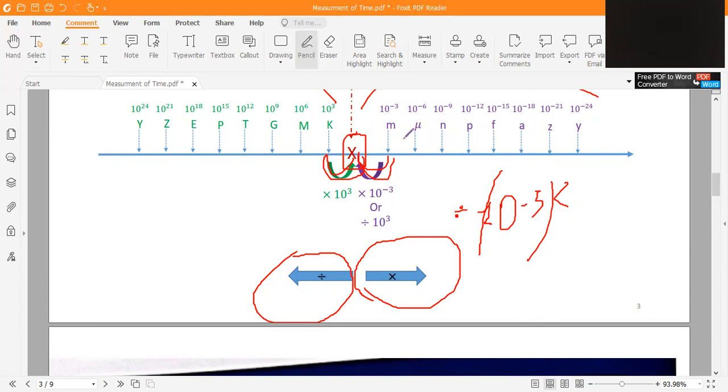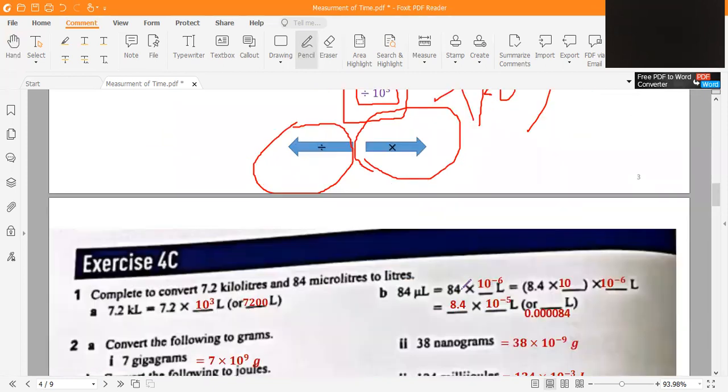So from milli to kilo, we divide by 10 power 6, or we multiply by 10 power minus 6. As we see here, multiplying by 10 power minus 3 is equivalent to dividing by 10 power 3. Okay, so very easy.